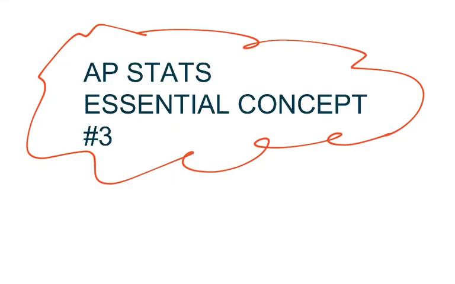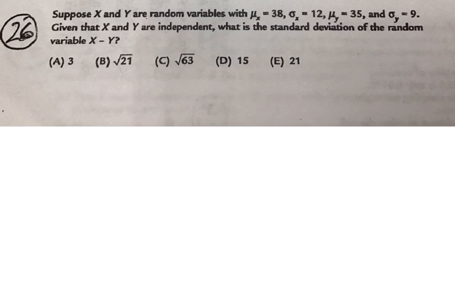Okay, so guys, let's keep going and trying to learn these essential concepts a little bit better. So here's a problem that I gotta make sure you understand. Notice we have two different variables. We don't know what they're about, but we know one averages 38 with a standard deviation of 12.